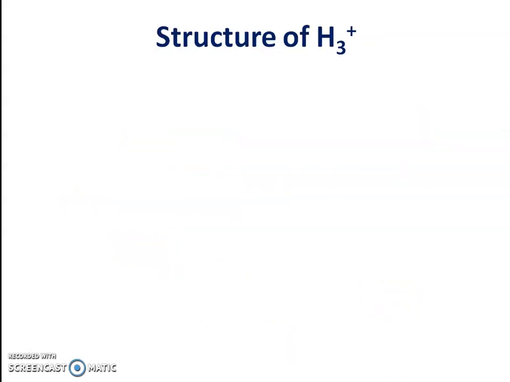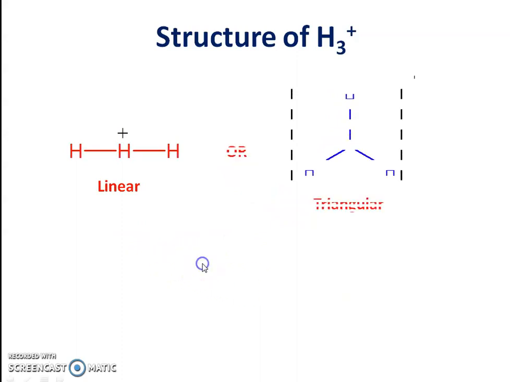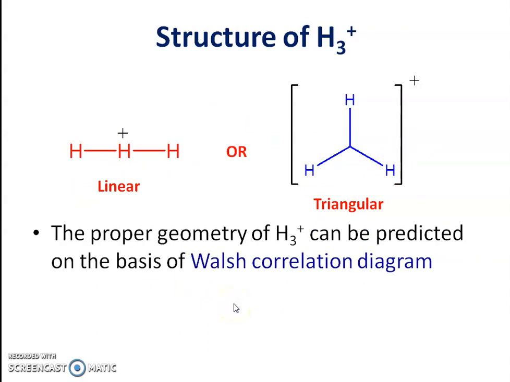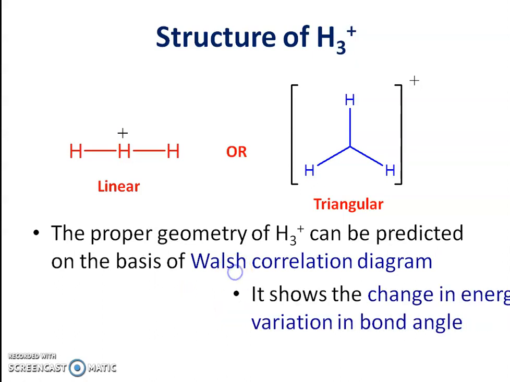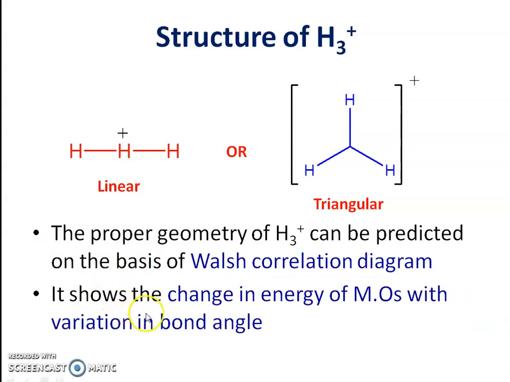Now the structure of H3 plus on the basis of the Walsh correlation diagram. There are 2 possibilities. H3 plus may have a linear structure, or it may have an equilateral triangular structure, and which of these 2 is correct is decided on the basis of the Walsh correlation diagram. The Walsh correlation diagram shows the change in energy of molecular orbitals with variation in bond angle.